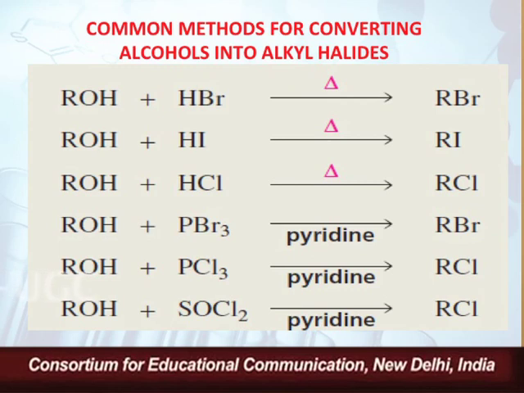Whereas primary alcohols react with phosphorus halides or thionyl chloride, resulting in the formation of bromides or chlorides, that is, the bromides and chlorides of primary alcohols, because primary alcohols do not form stable carbocations.